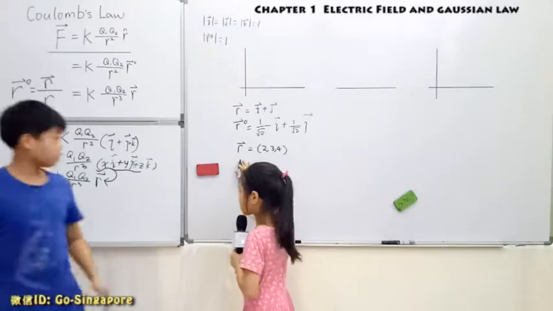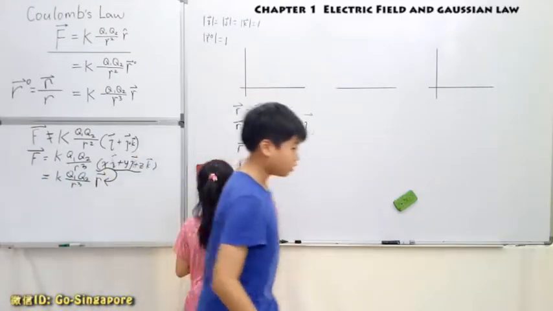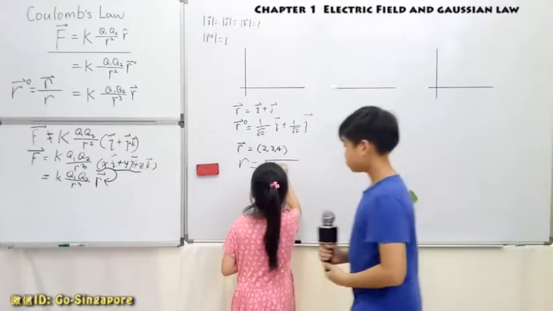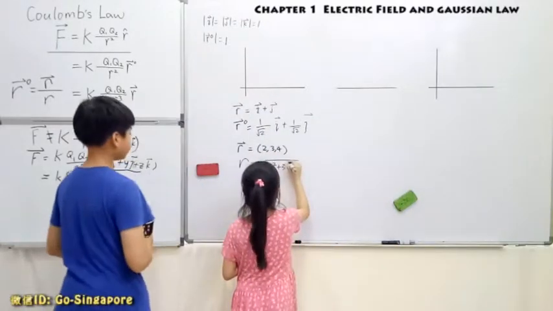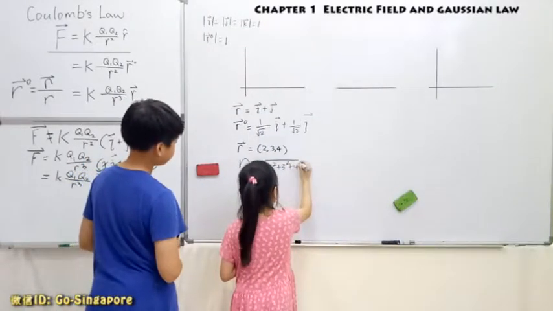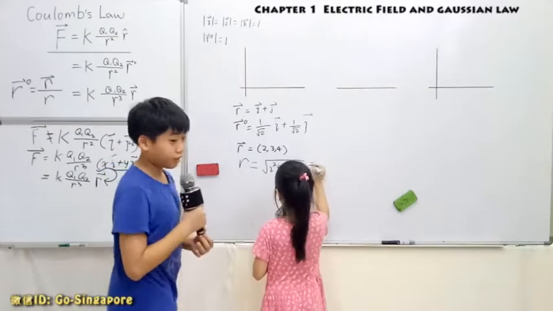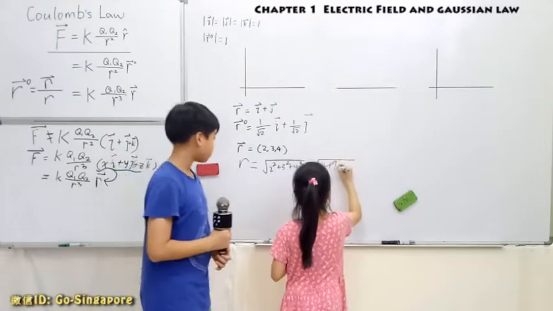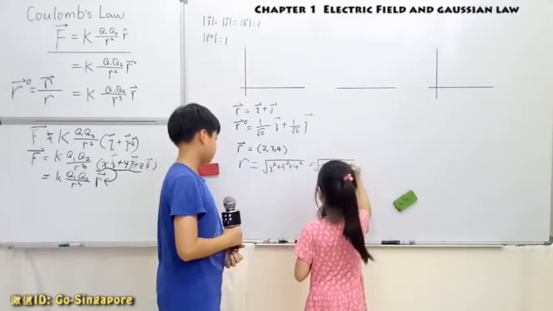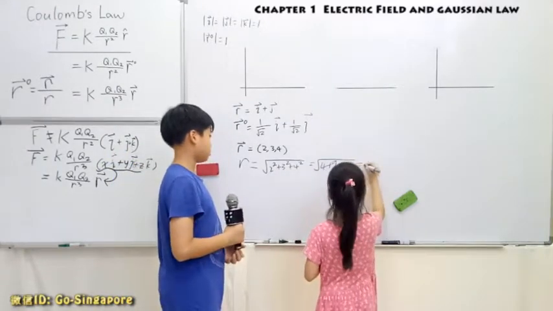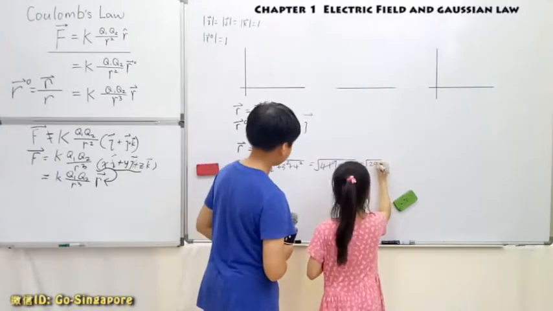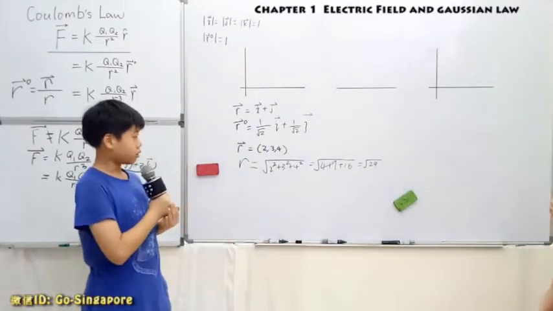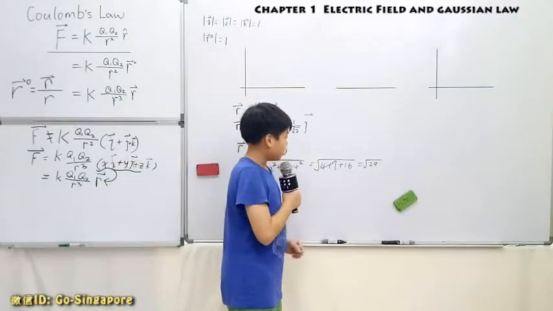I just first find that R. So you actually have that Pythagoras theorem. Yes, correct. You got the right answer. Well, this is our R.